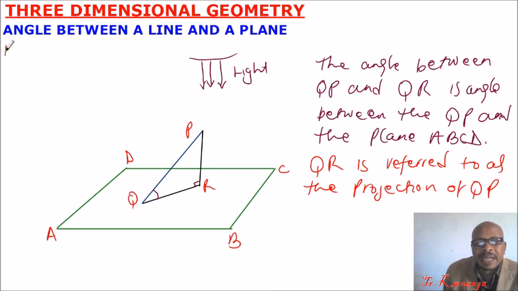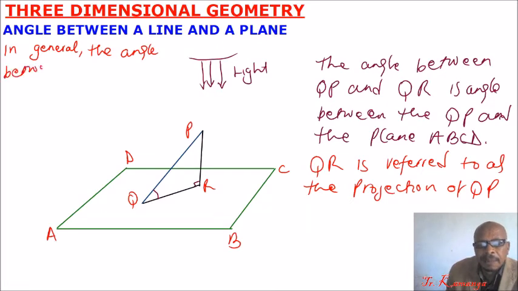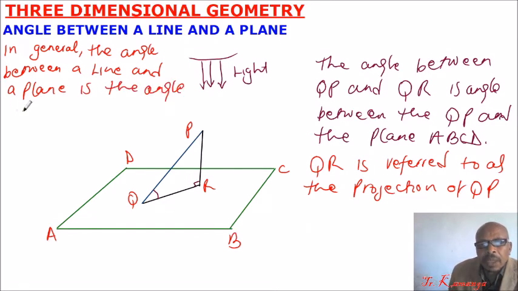We say, in general, the angle between a line and a plane is the angle between the line and its projection on the plane.